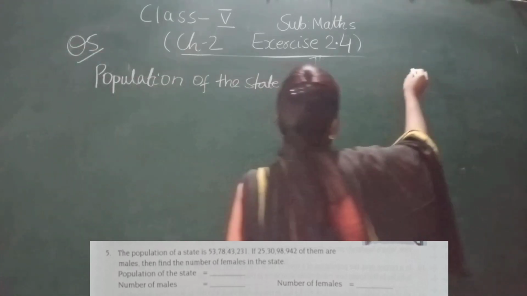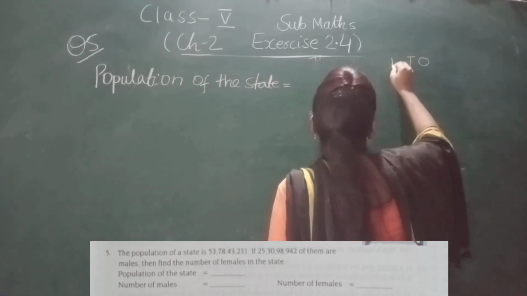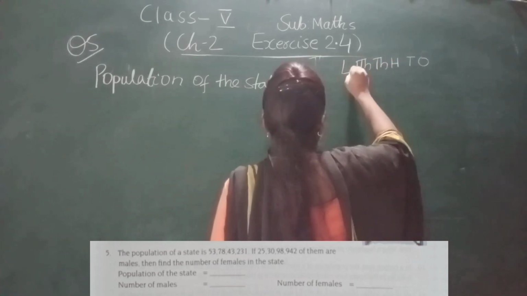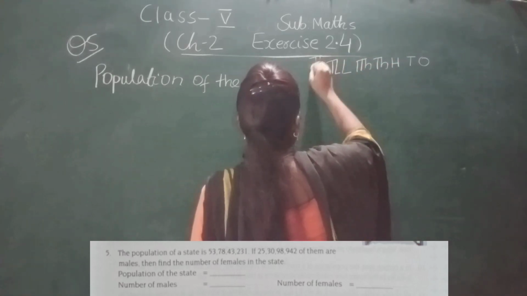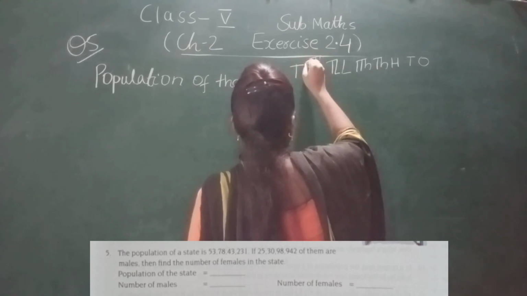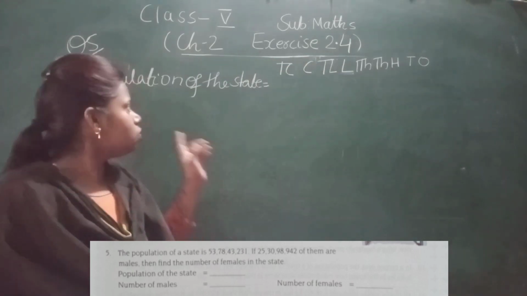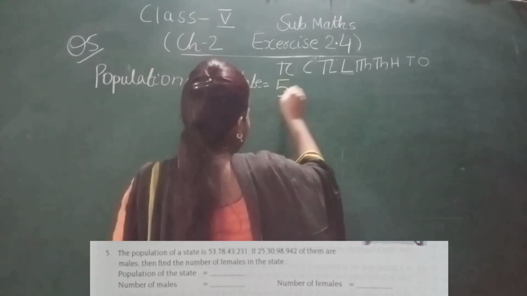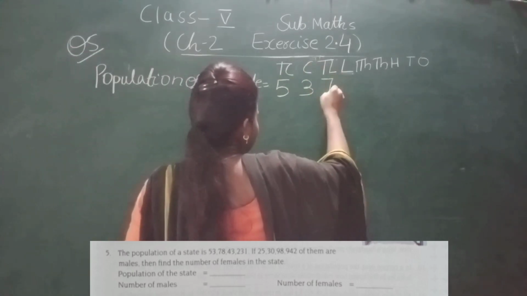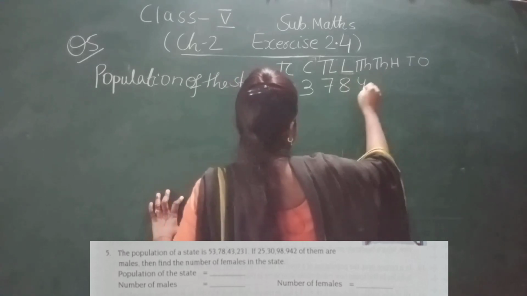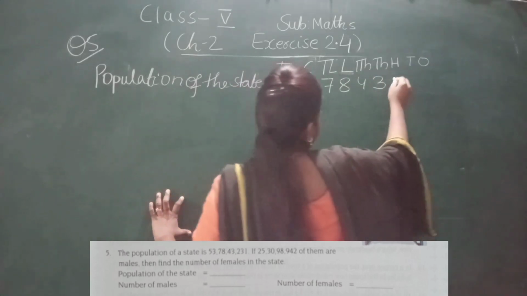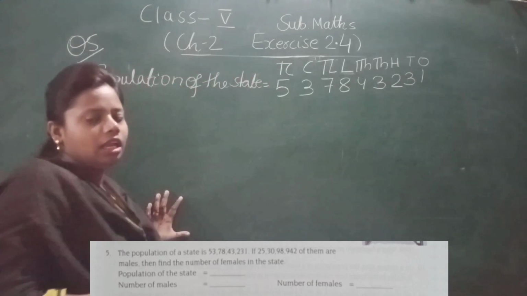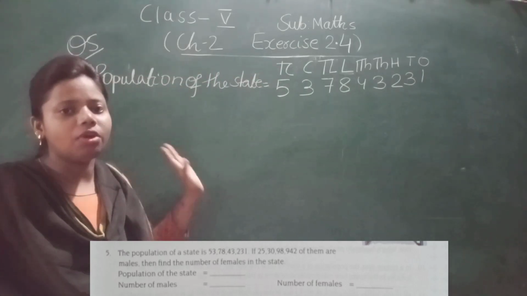Let's write here: ones, tens, hundreds, thousands, 10,000s, lakhs, 10 lakhs, crores, 10 crores. So the population of the state is 53 crore 78 lakh 43,231.